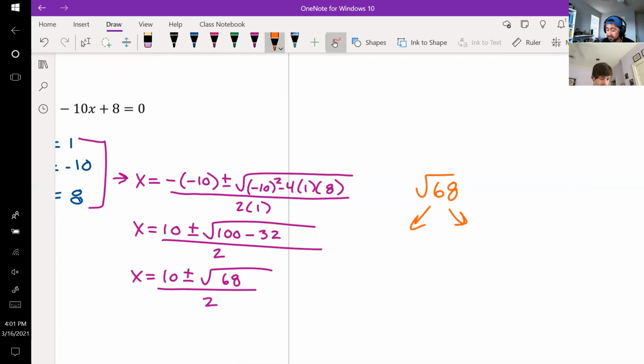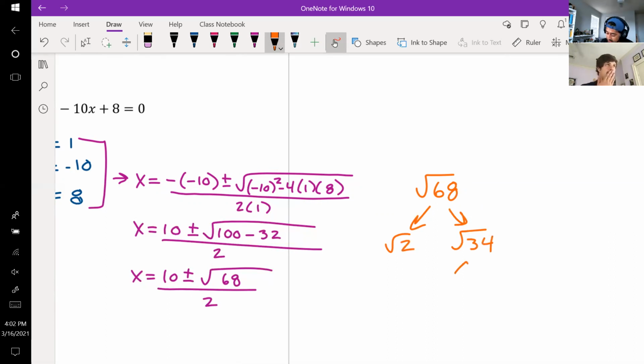Well, you could always start small. 68 is even, so we could start with what? 2. Let's start with 2. You get square root 2, square root 34.